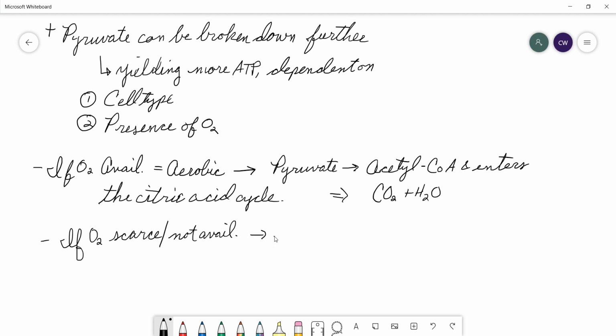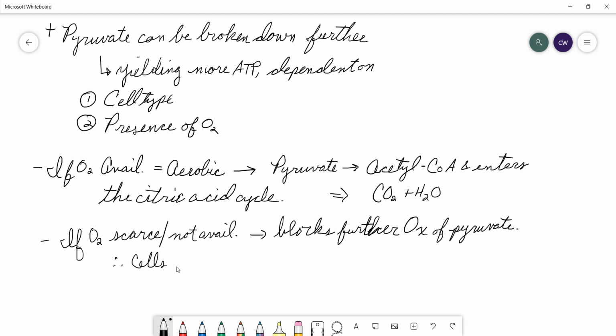This blocks further oxidation of the pyruvate. Okay. And so as a result, cells are forced to reduce the pyruvate. Okay.